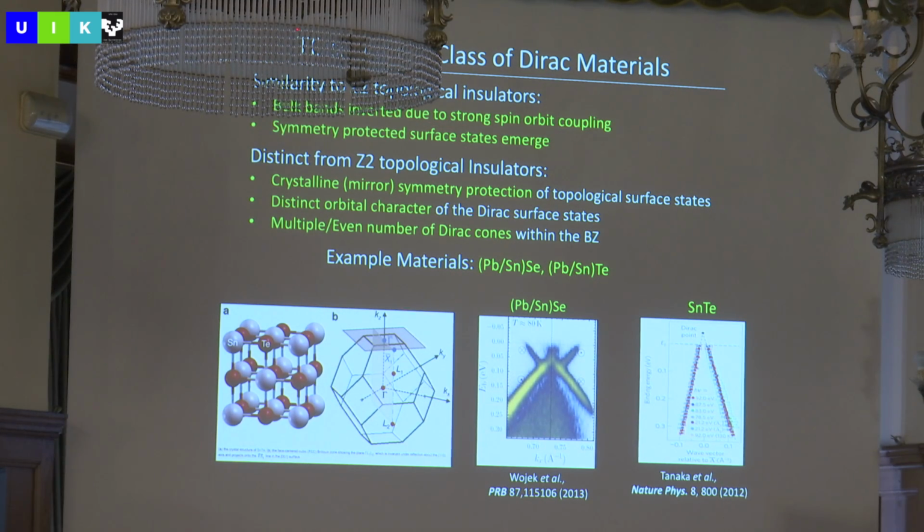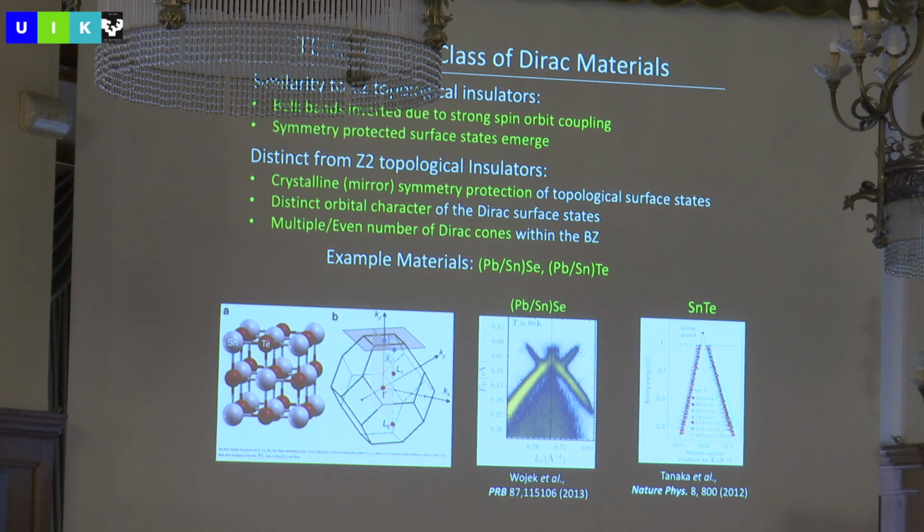So topological crystalline insulators are, of course, a topologically non-trivial class of materials. They're just like TIs, except rather than having time reversal symmetry be the symmetry that protects your Dirac point, here the symmetry of the system is mirror symmetries.